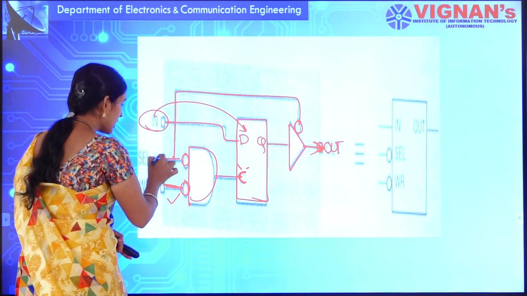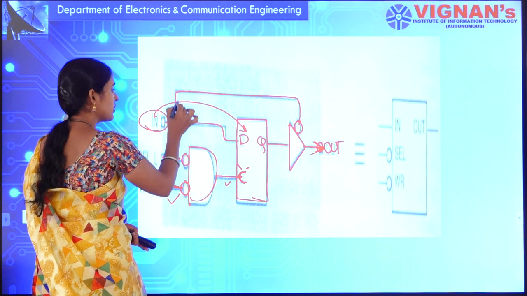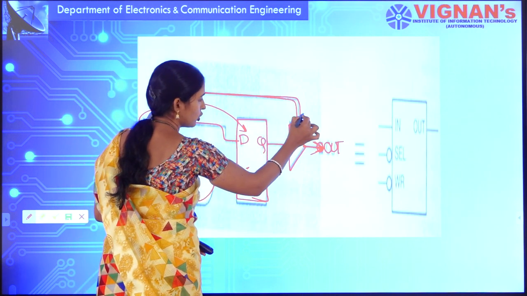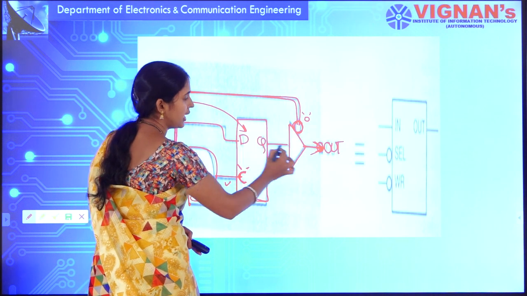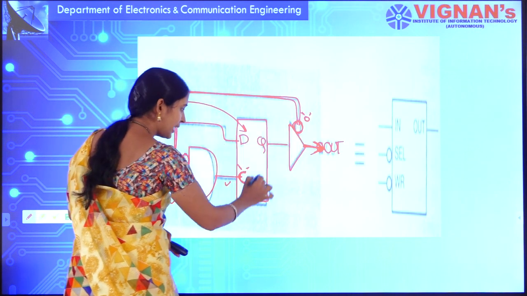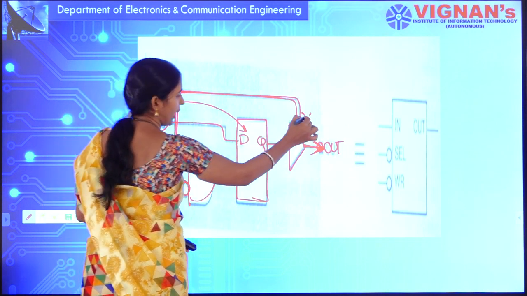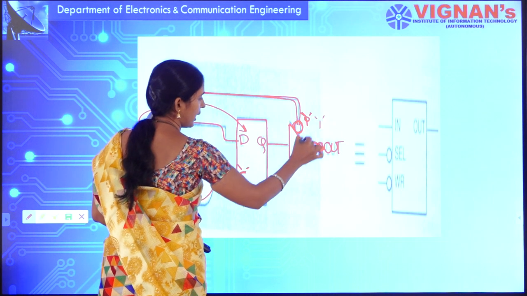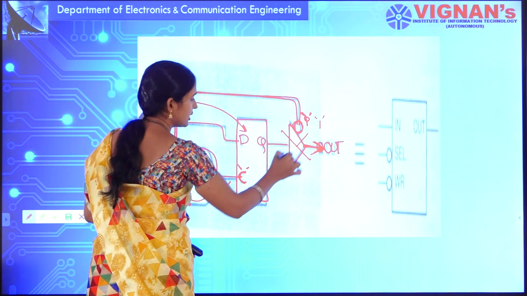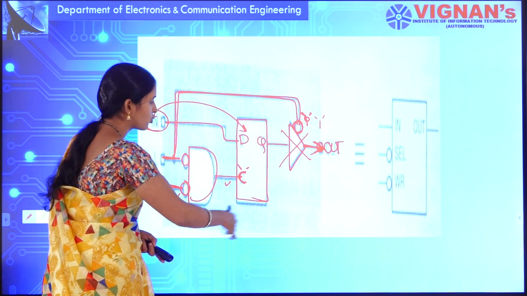If the selection pin is enabled, at the same time, this selection pin will be given to your output buffer. If this is active low, it indicates that you can access the data. If this selection pin is 0, whatever data was stored previously, you can access. If this selection pin is 1, you cannot access the data from the D latch through this buffer. That is what it is all about.